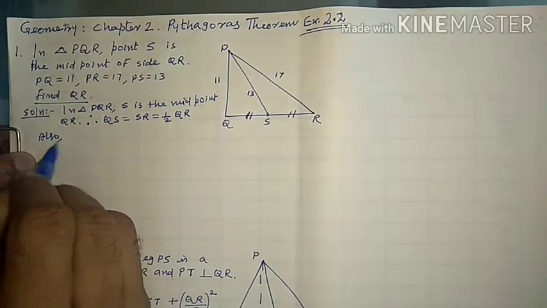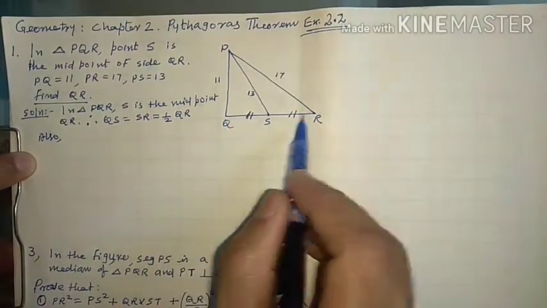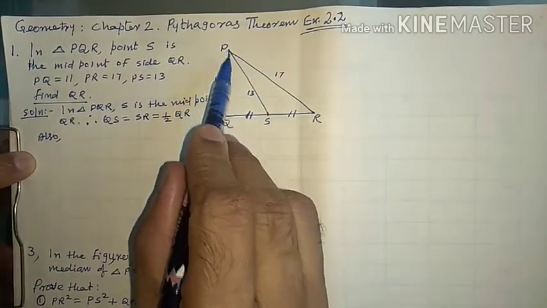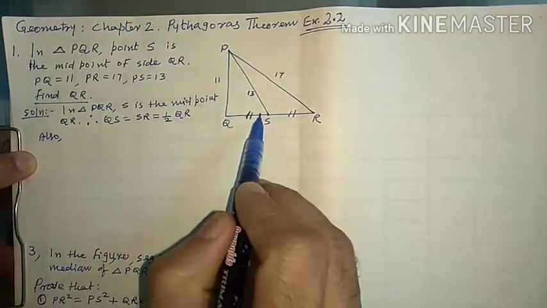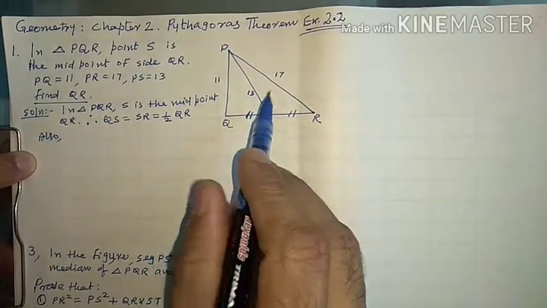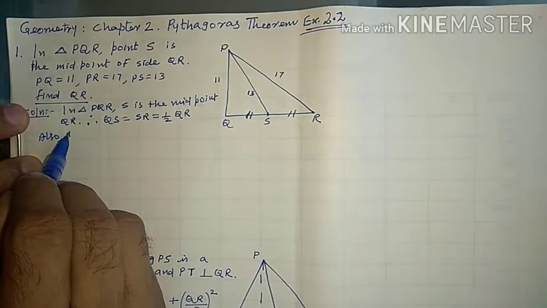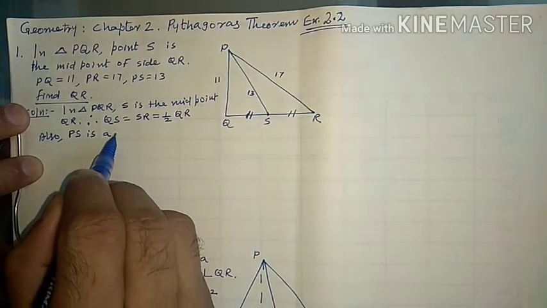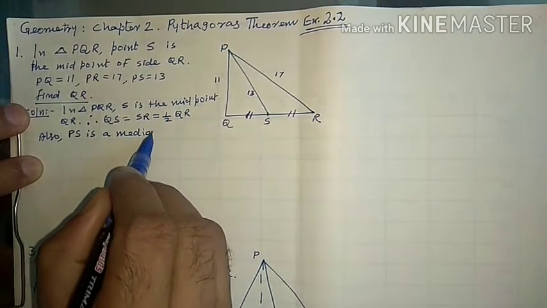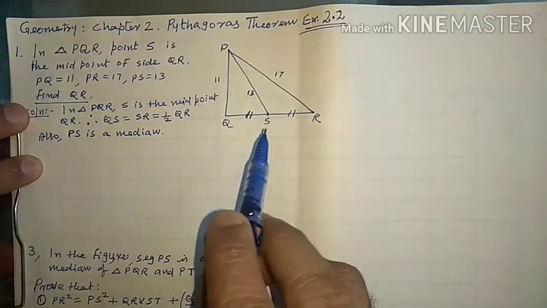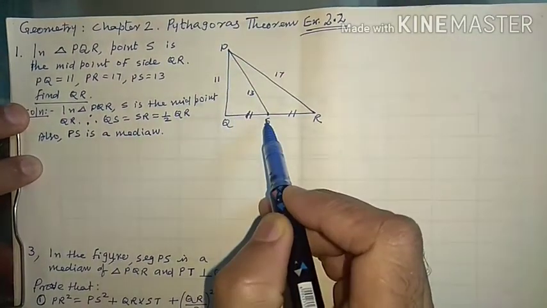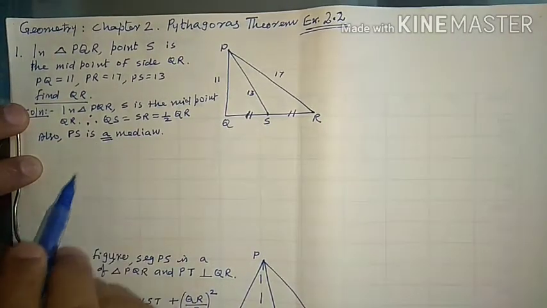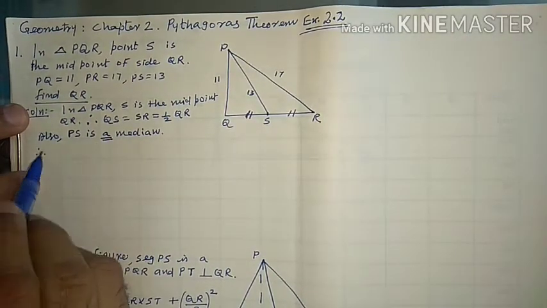Also, if S is a midpoint of this side, what is a segment joining a vertex of a triangle to the midpoint of the opposite side of that vertex? Median. So PS is a median. A triangle has three medians. From P it is PS. So it is one median.